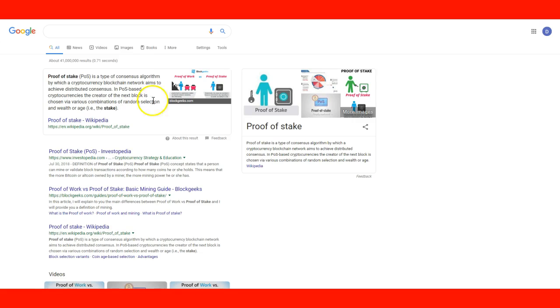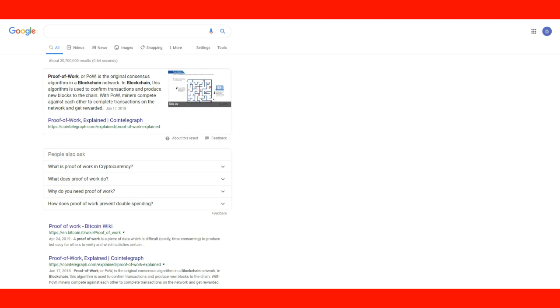But before there was proof of stake, there was proof of work. Proof of work is the original consensus algorithm in a blockchain network. In blockchain, this algorithm is used to confirm transactions and produce new blocks to the chain. With proof of work, miners compete against each other to complete transactions on the network and get rewarded.